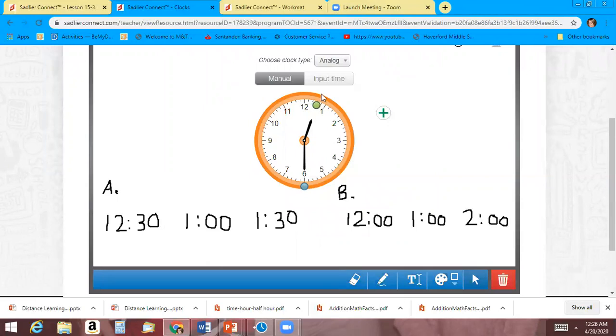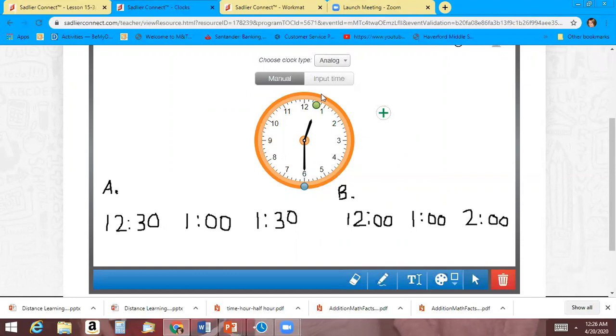So this right now is showing me that it's been 30 minutes since it was 12 o'clock. It is now 12:30. So I've made the time 12:30, and if you look at my A time, that shows me 12:30. Well, the next time they're showing us is 1 o'clock.